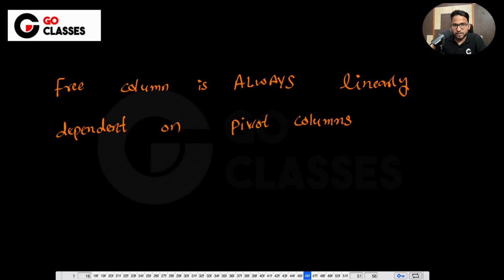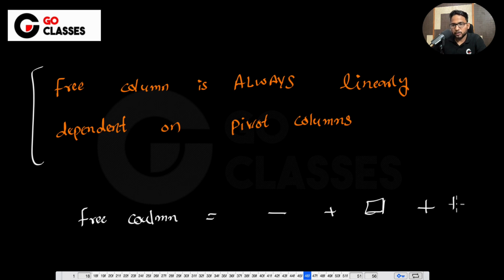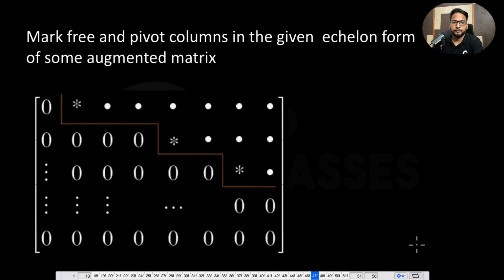Okay, which means you can always write the free column as a linear combination of pivot columns, right? As a linear combination of pivot columns. So these are the pivot columns. Okay, this is my point.